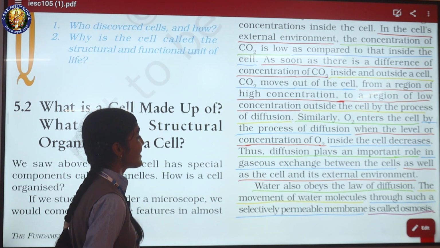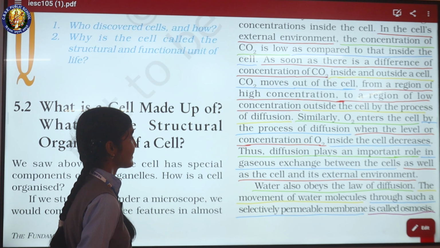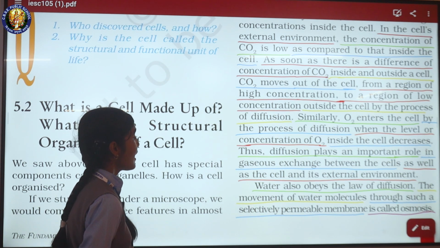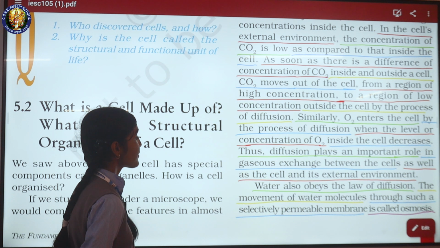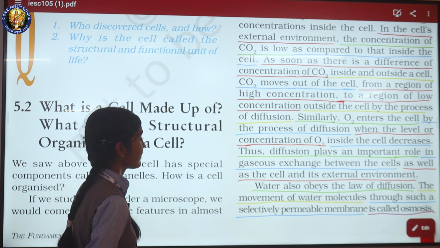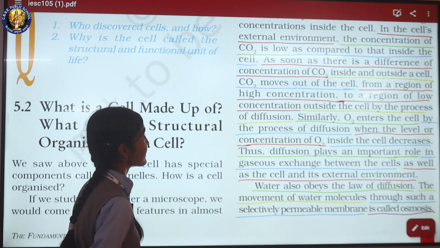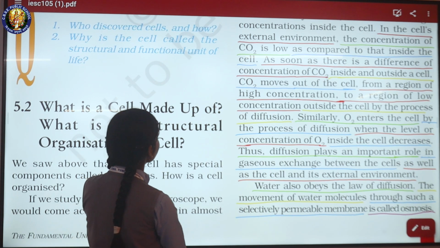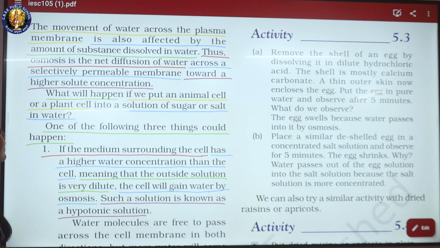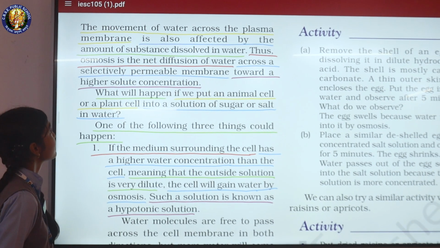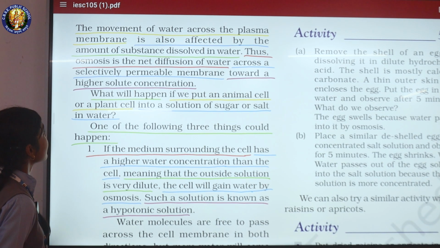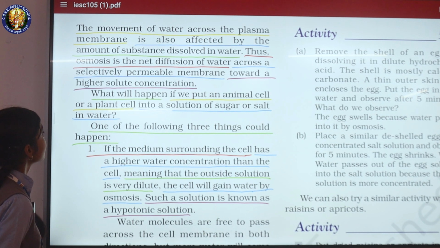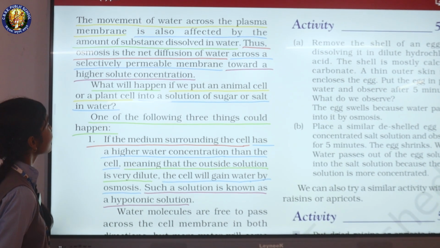Water also obeys the law of diffusion. The movement of water molecules is also affected by the amount of substance dissolved in water.